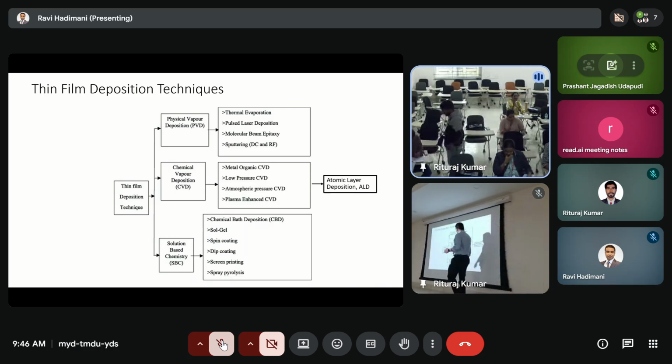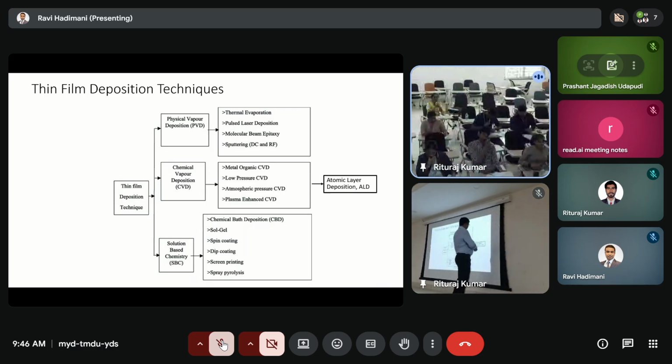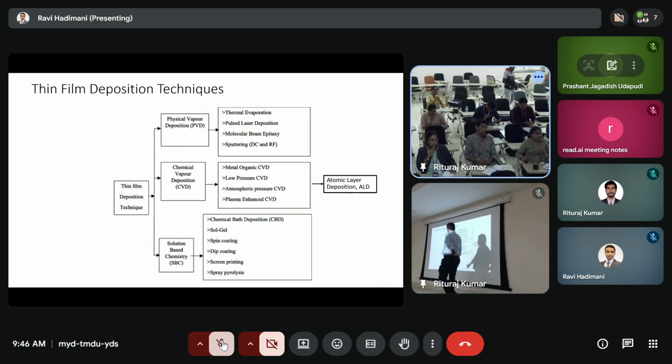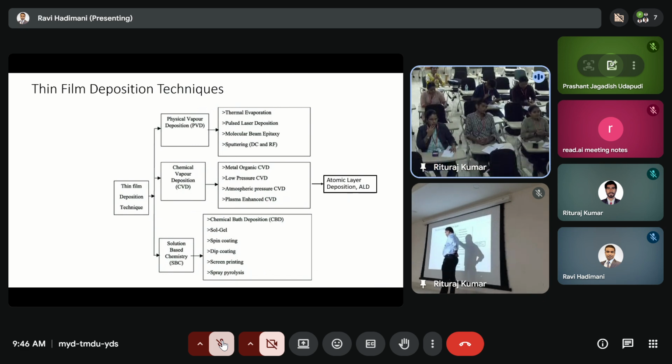Now in thin films, you have again several varieties. So how do you make a thin film? Again, thin film or thick film. What is thin film? If you have 100 nanometers, it's thin film. If you have 900 nanometers, now you are in the boundary of thin and thick film.